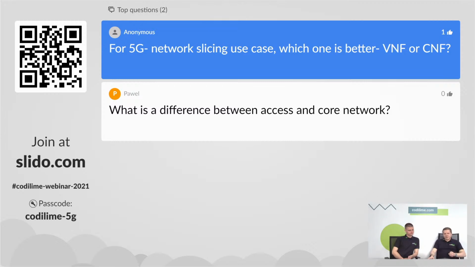So I would say that the VNF is probably better in some cases, but it depends on the use case. But the shift overall is more to the CNFs, or the CNF components.